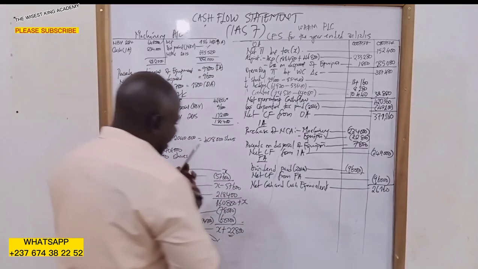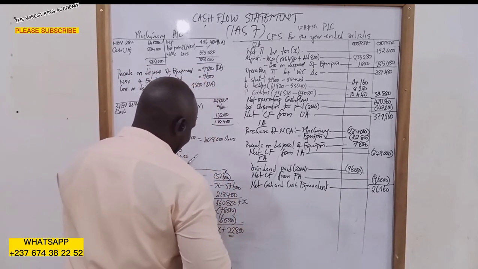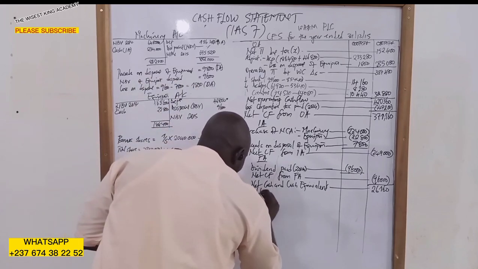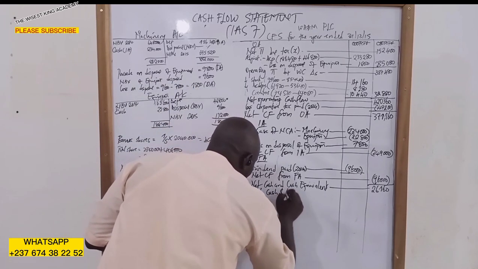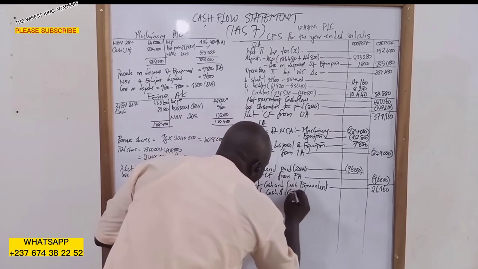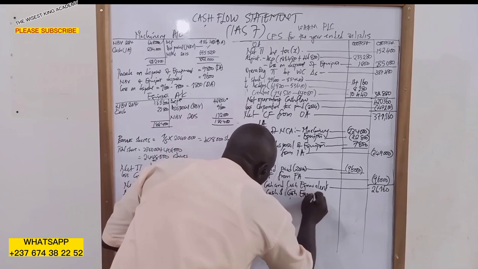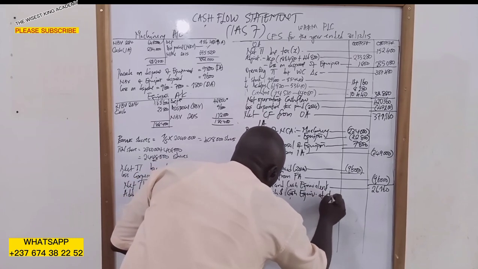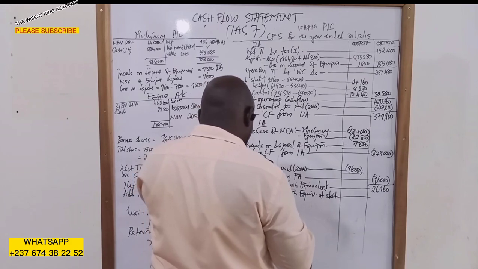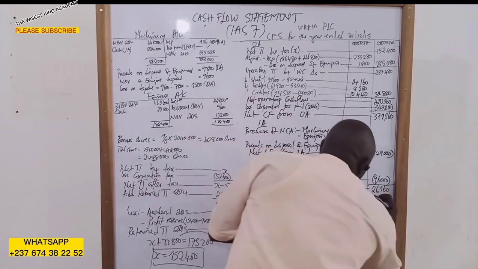So let me come down and say: add cash and cash equivalent at start. The cash and cash equivalent at start is 50,760.